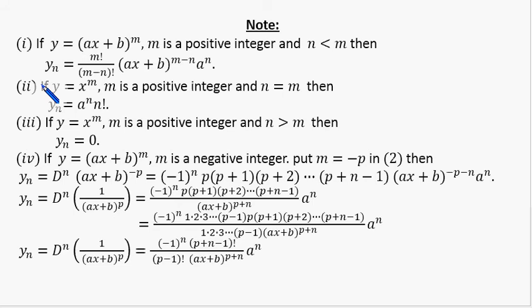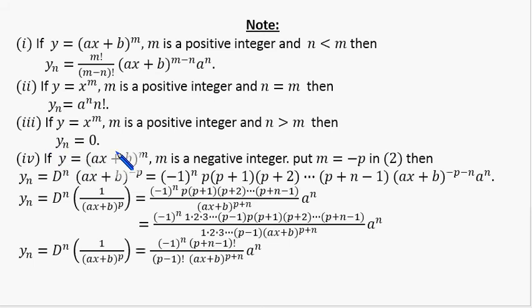Suppose if m is equal to n, then the derivative can be written as a to the power of n into n factorial. If n is more than m, the value of this derivative is equal to 0.